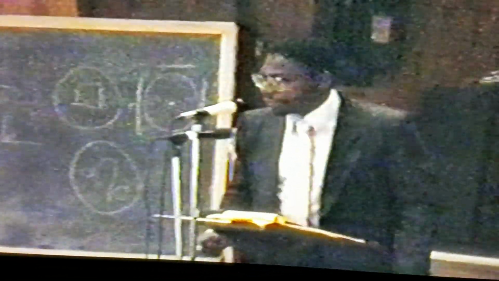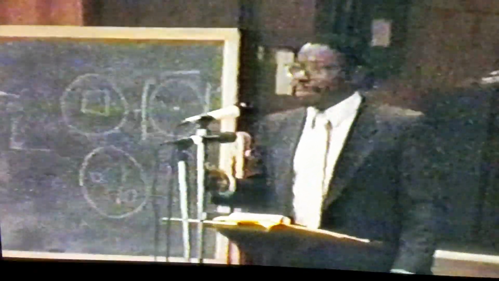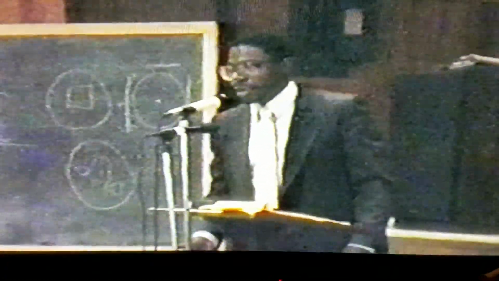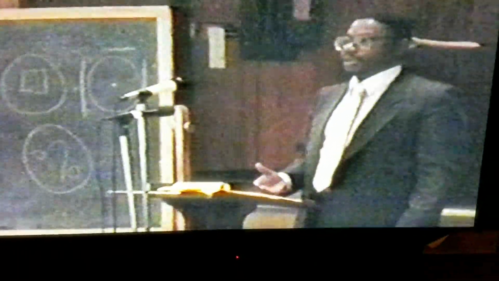Moses had a staff. When he left Egypt and went up to the mountain, God said, throw down that staff. And when he threw it down, it turned to a serpent. And he jumped back a few steps.